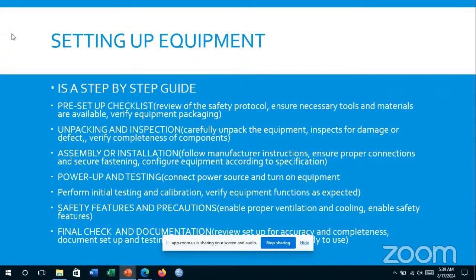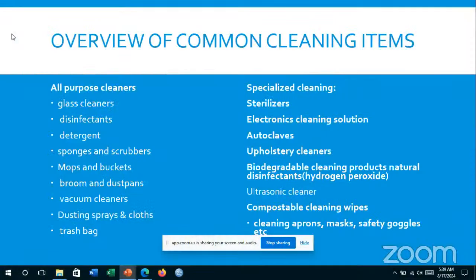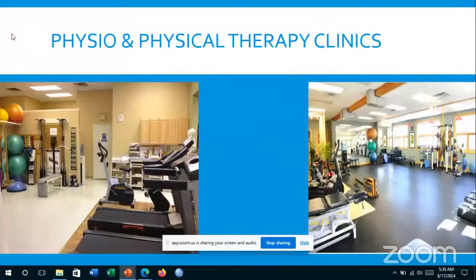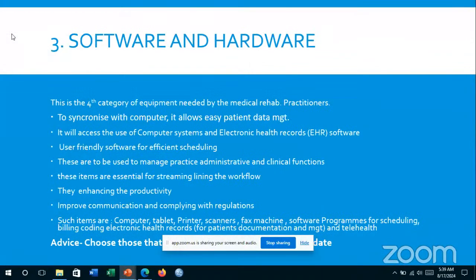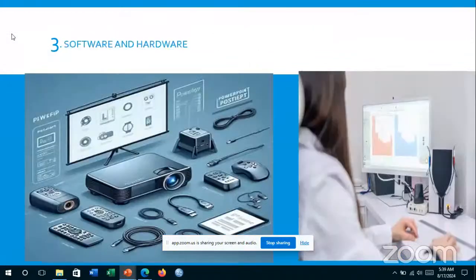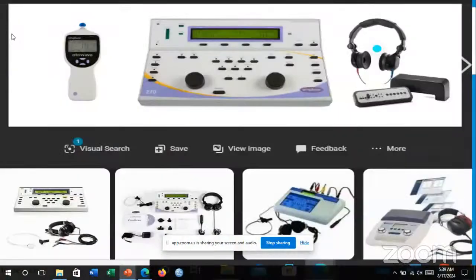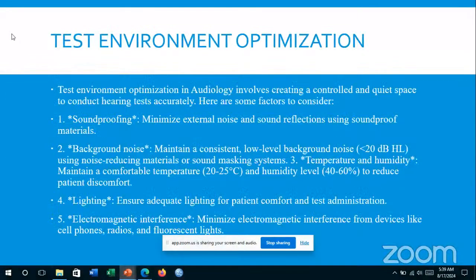Background noise: maintain a consistent low-level background noise. Anything less than 20 dB hearing loss will be appropriate for the place of sound proofing. Check the temperature and humidity to reduce the patient's discomfort. Then lighting is important. Don't make the place dark.